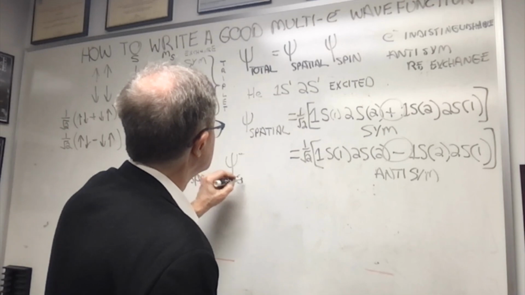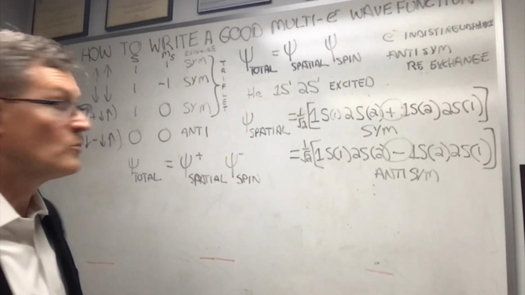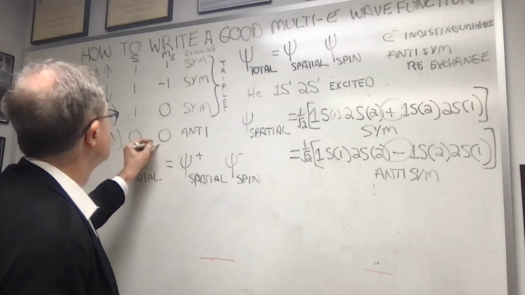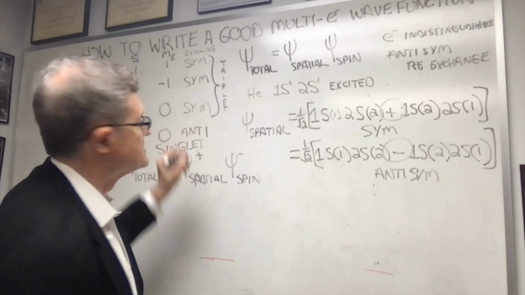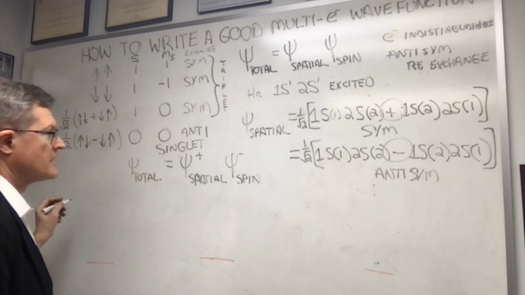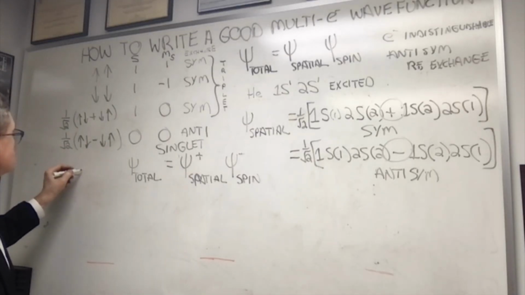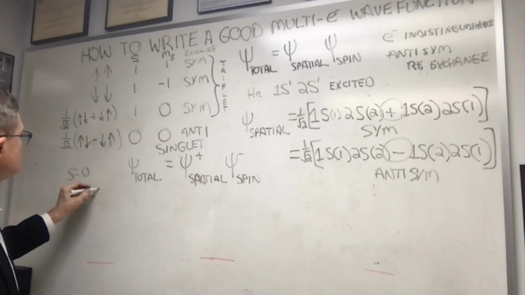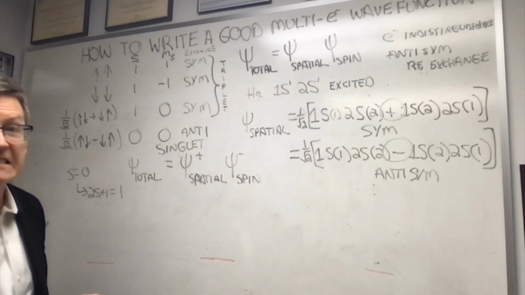I'll just represent that with a minus. So there's one and only one way we can do that. We could call this the singlet spin part. We've got spin of 0, and that corresponds to 2s plus 1 equals 1. We'll call that a singlet.